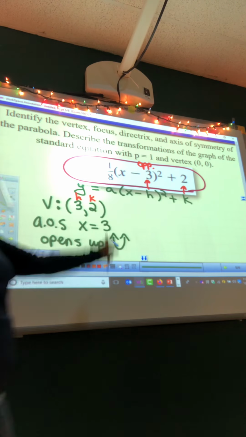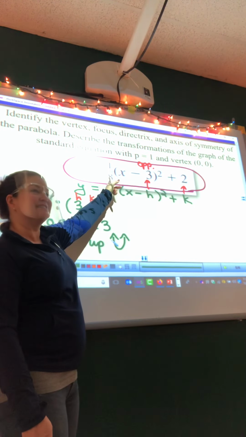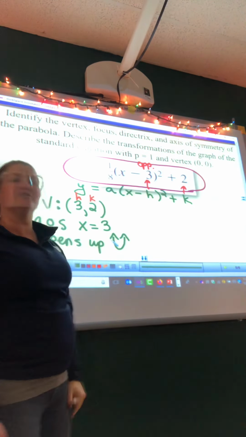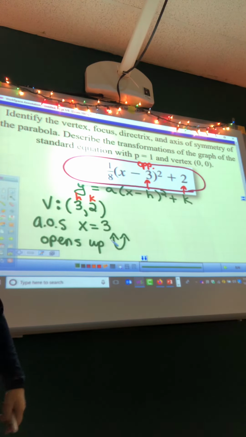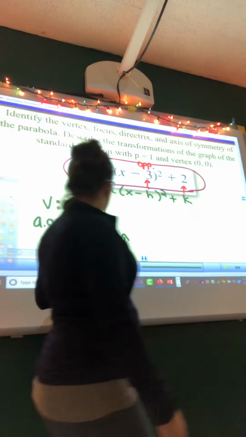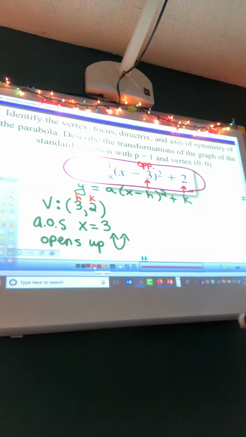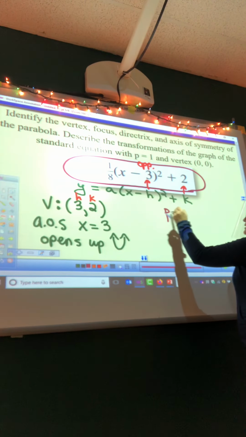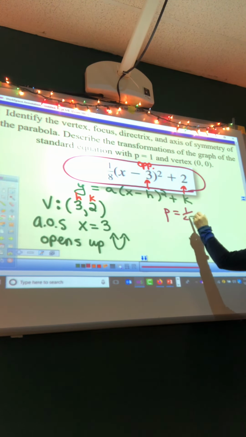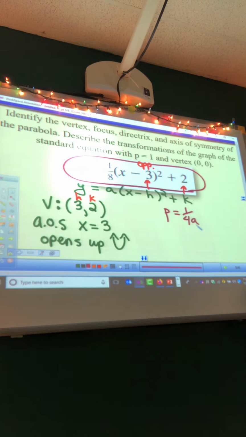Would it be wide or narrow? Wide. And again, why wide? Because it's a fraction or a decimal. If it's a whole number, it's going to be more narrow. Okay? We're going to go ahead and I like to write my little formulas, again, just because it's new. That's the correct p formula, yes? All right.